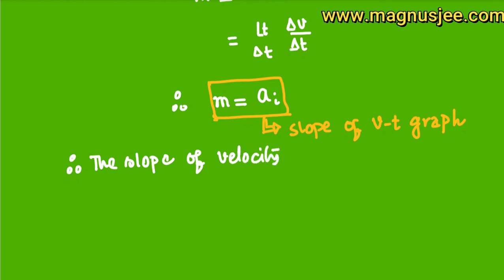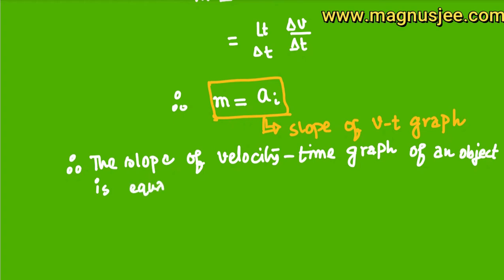Therefore, the slope of the velocity time graph of an object or of a body is equal to its instantaneous acceleration.